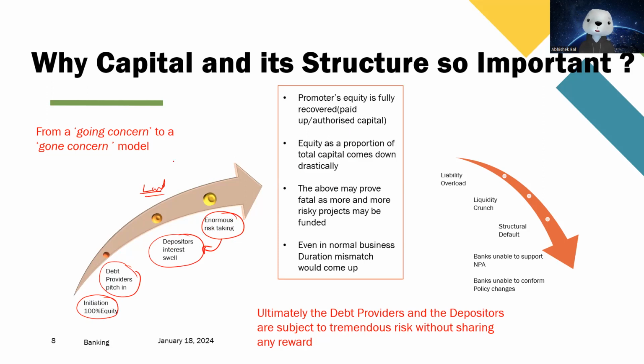Also understand, the faster the bank progresses, the better the probability that the promoters would recoup their entire equity capital. So if the bank's business expands fast enough, obviously the promoter's equity will be fully recovered in a much shorter time. And that is dangerous, isn't it?